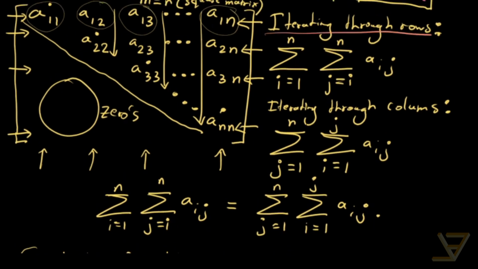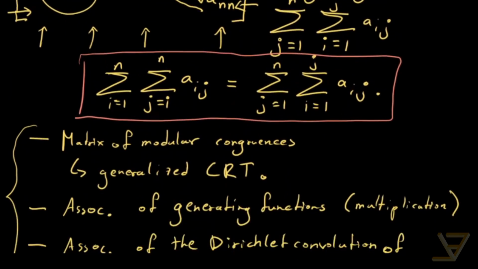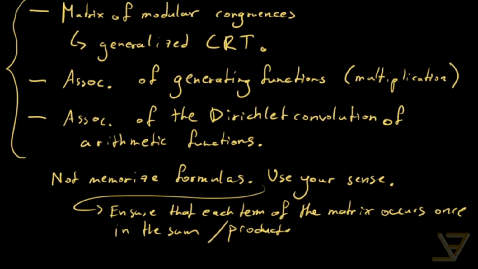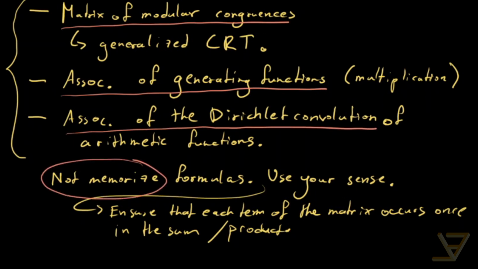We iterated through the rows and we iterated through the columns, and we came up with this formula. And finally, I mentioned a few cases in which you have to use your sense of mathematics instead of just using a formula, which includes a matrix of modular congruences, the associativity of generating functions, and the associativity of the Dirichlet convolution. So in general, do not memorize formulas, and remember that if you do come up with a formula or an idea, it works for both sums and products.